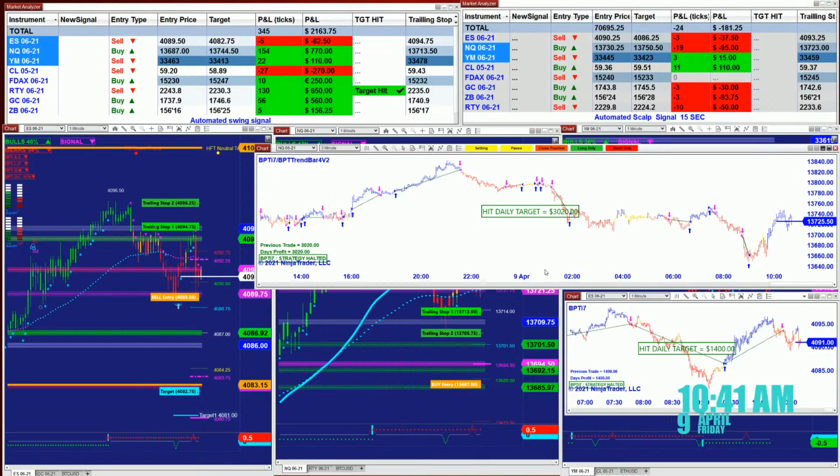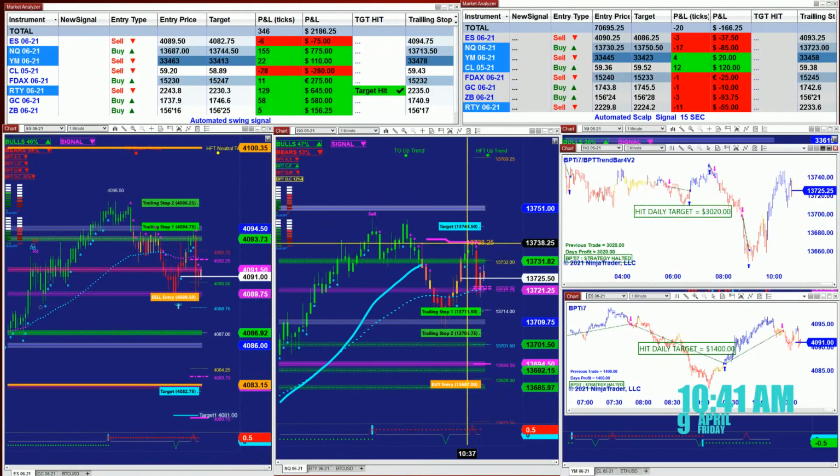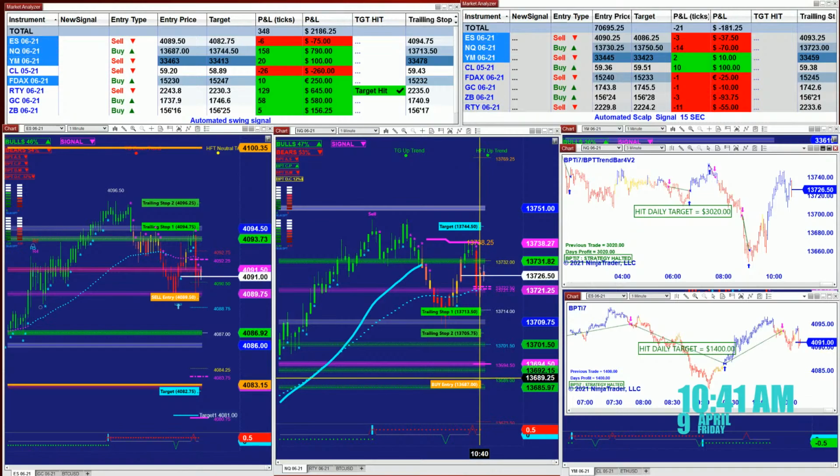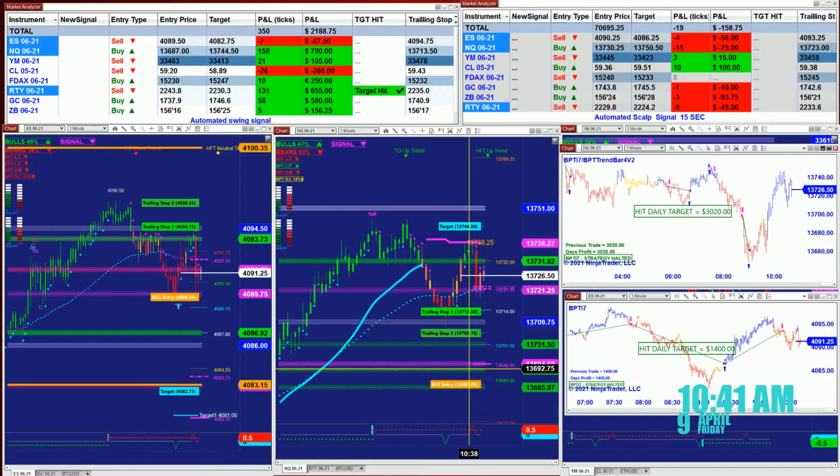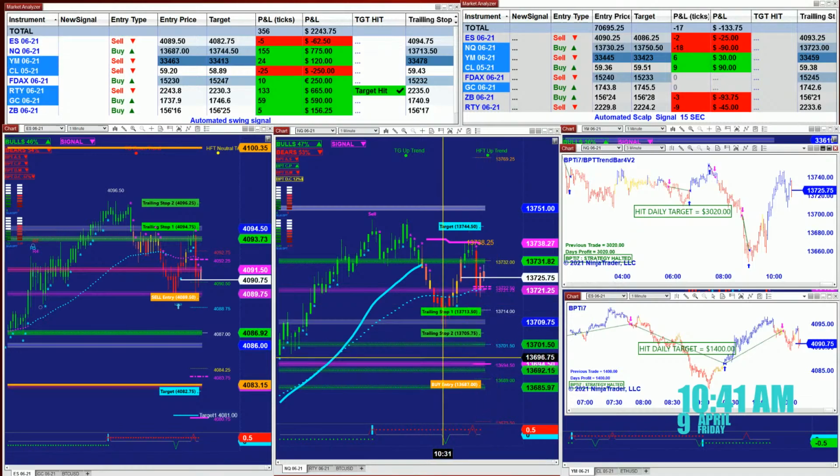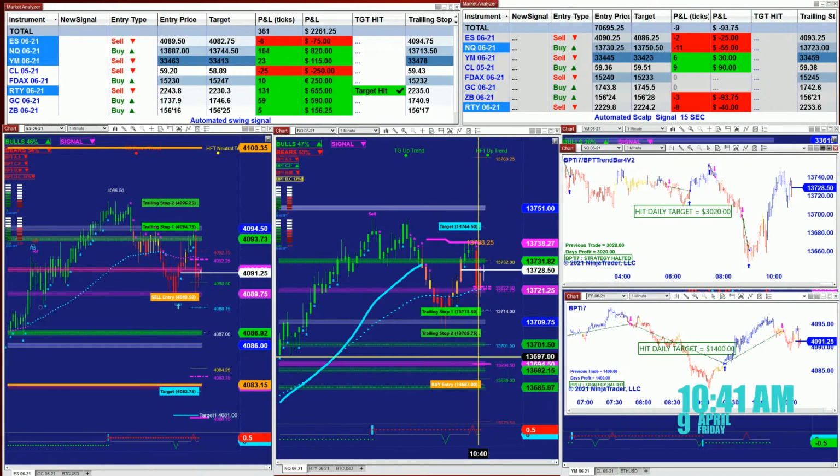I know auto traders don't like to do anything to the chart, but this is for the guy who is not scared to push the button. And if we look at the NASDAQ, this is one nasty good looking NASDAQ. This is really one nasty drop, and you cannot take a short on the NASDAQ.